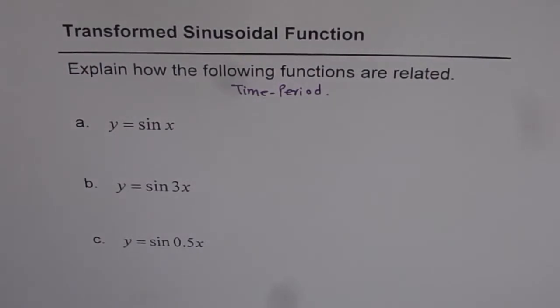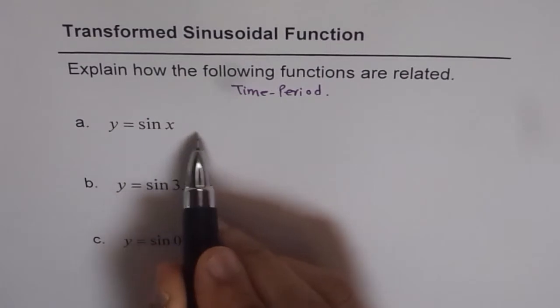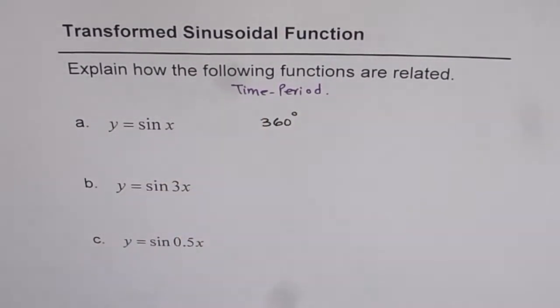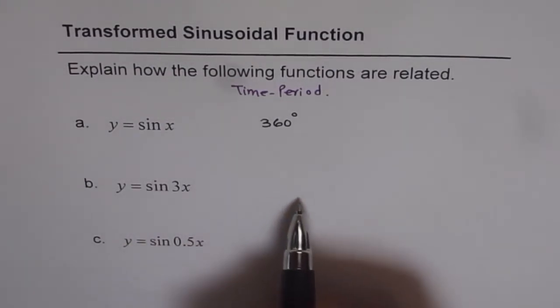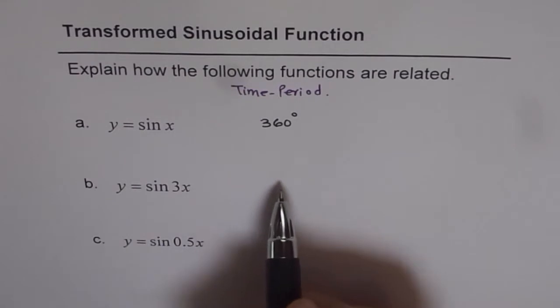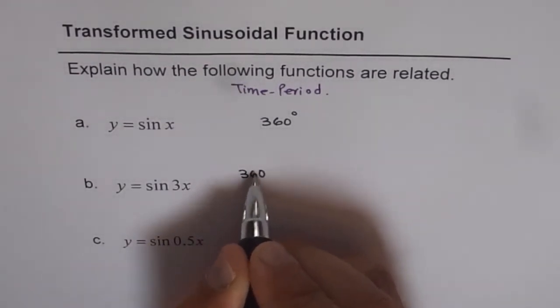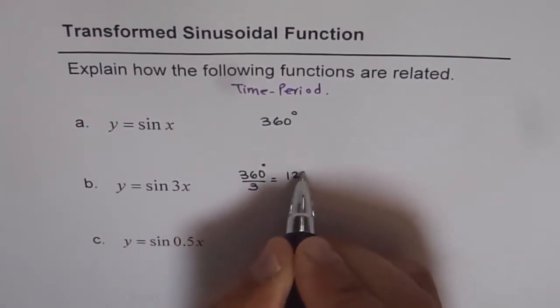Starting with the very first one, sine x, one cycle of sine x is completed in 360 degrees. So the time period is 360 degrees. For sine of 3x, we have three waves in 360 degrees. So one wave's time period is 360 divided by 3, and that is 120 degrees.